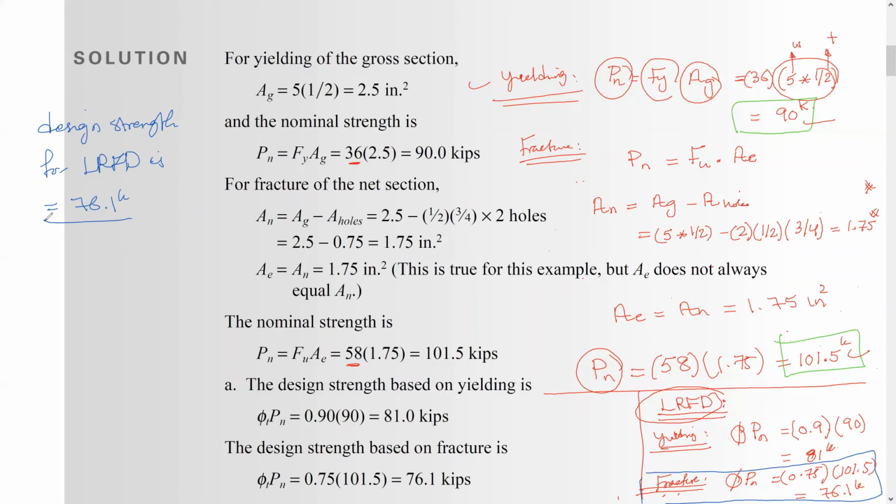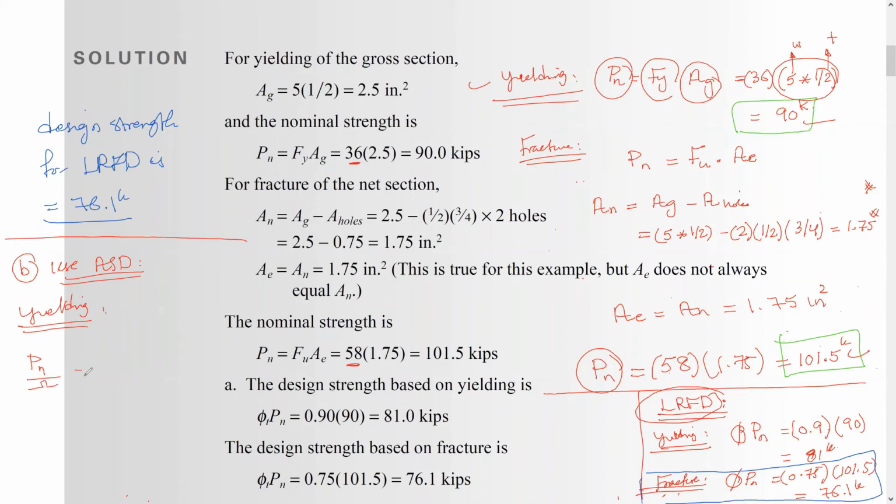Okay, so what about the ASD method? If you remember, guys, based on yielding, the allowable strength is equal to the nominal strength divided by the safety factor.